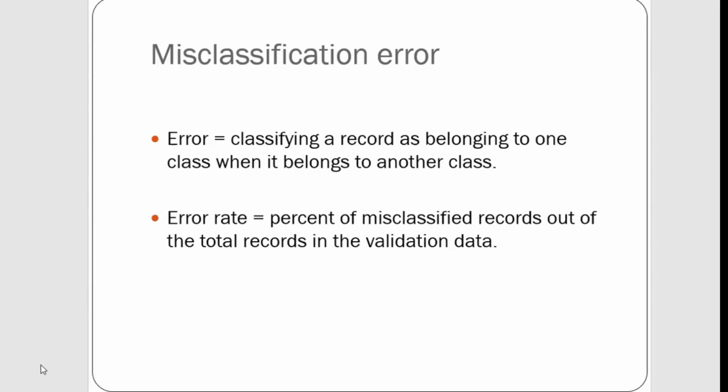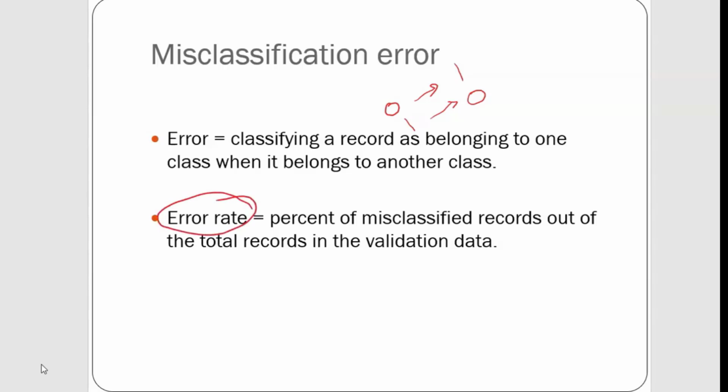Error is essentially if a record belonged to class 0 and we classify it as class 1, then this is an error. Error could also be if a record actually belonged to class 1 and we classify it as belonging to class 0. So both of these will be errors. If you look at the total errors as a percent of our total records, then we get the error rate.